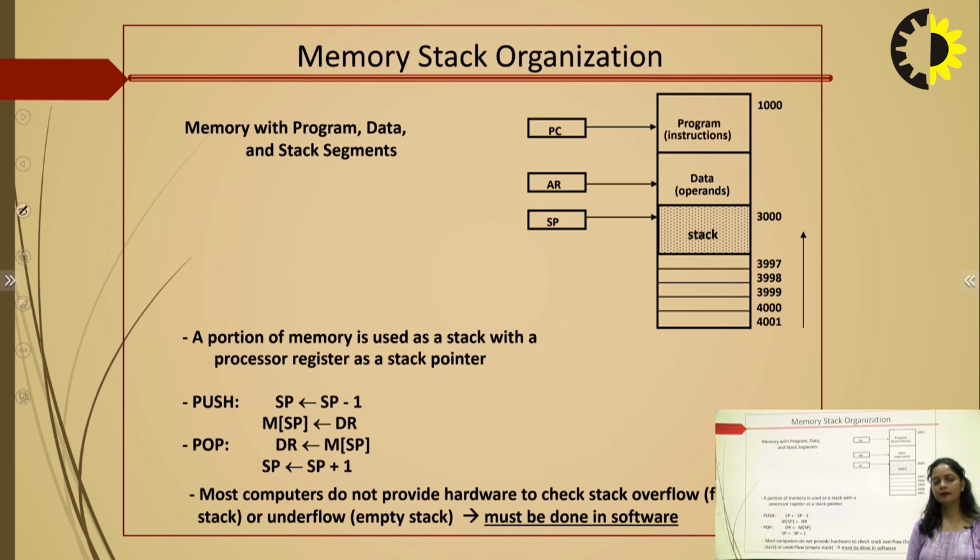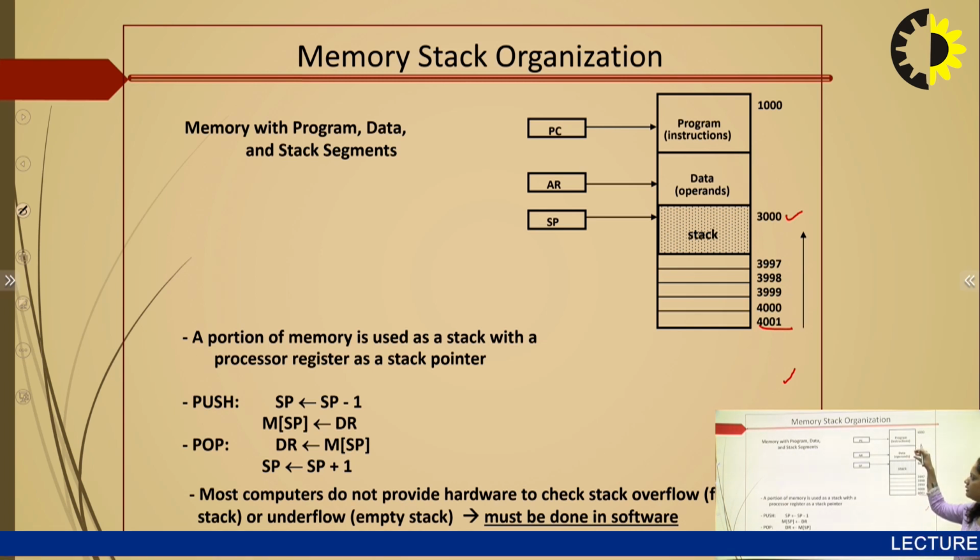Here in this example, we are considering a RAM memory, and in RAM memory, the locations from 4001 to 3000 will act like a stack, and the address content from 3000 to 1000 will act as normal memory where we store data, that is the operands as well as your program instructions.